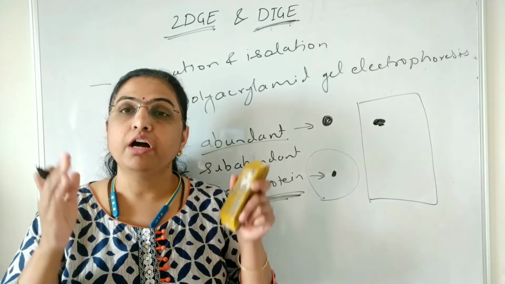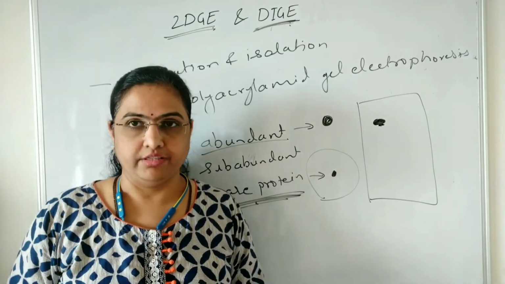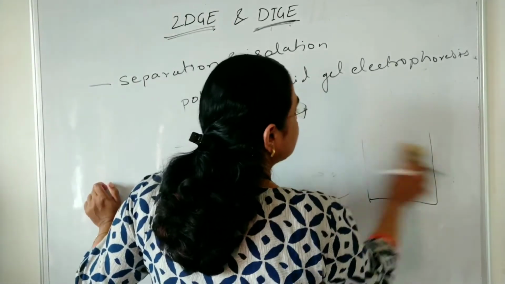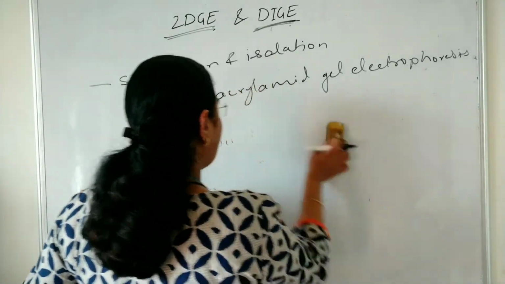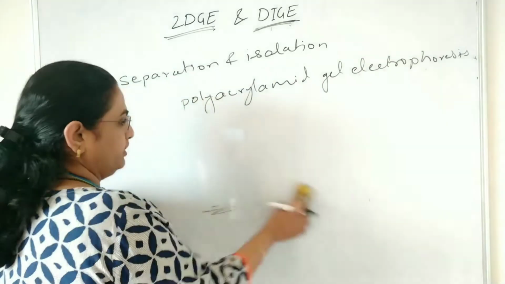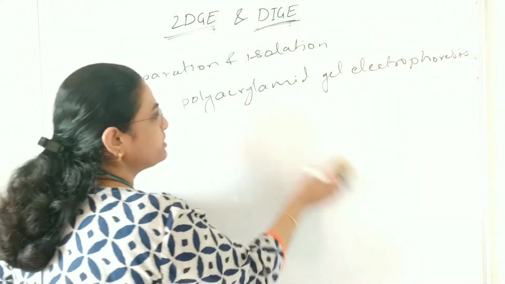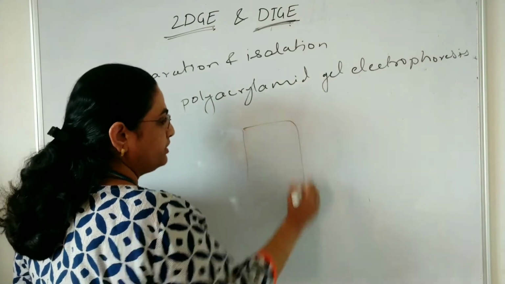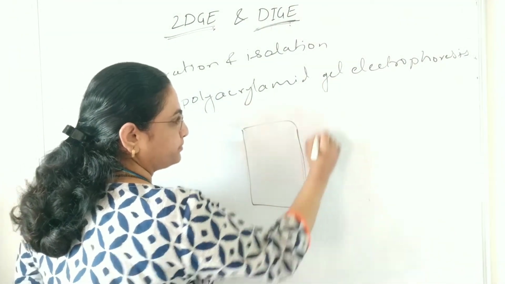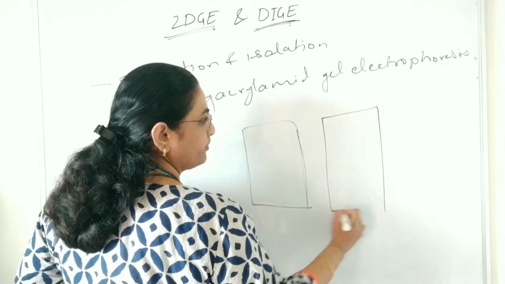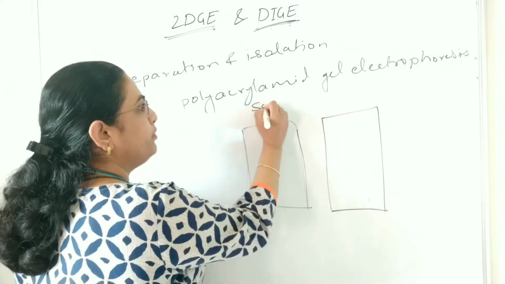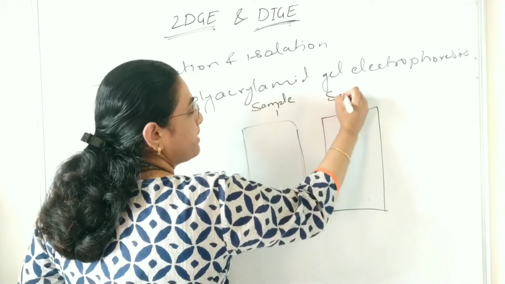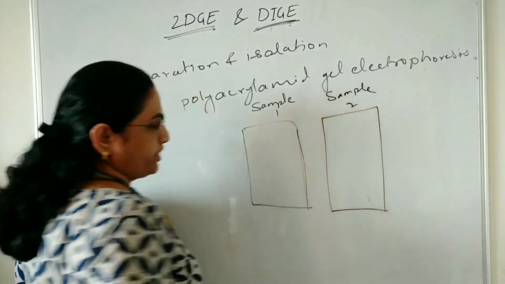At that time you have to run two different gels, because in one gel you can run only a single sample, as the staining procedure is the same. Okay, so here these are the two gels. For sample 1 there is one gel, for sample 2 there is a second gel.